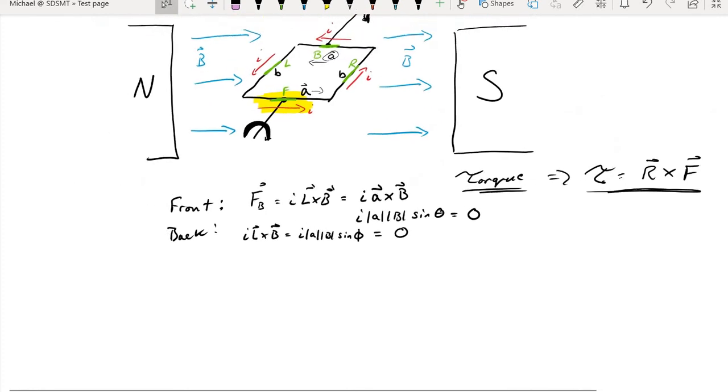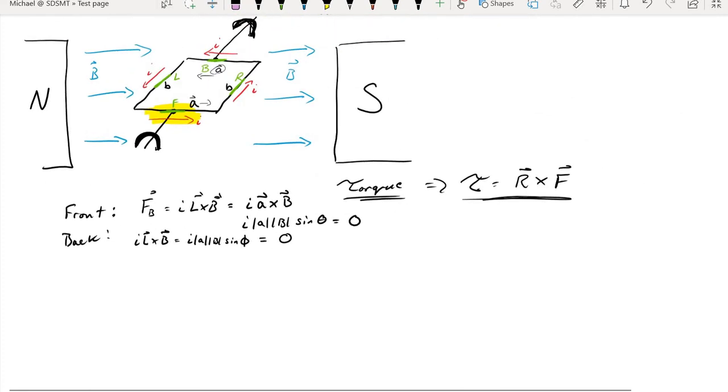I want to make myself a little more room here. For the right leg, we have our current traveling back. If we wanted to, we could say into the page, but again, it's kind of tricky trying to draw 3D on a 2D surface.